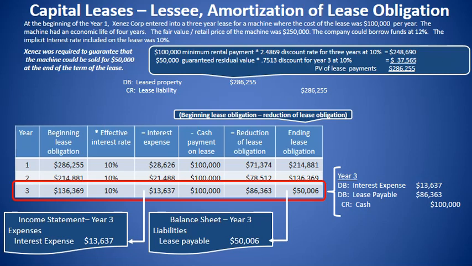And in year number 3, again, our ending lease obligation from year 2 is our beginning lease obligation in year 3, times our 10% rate, means that our interest expense is $13,637.